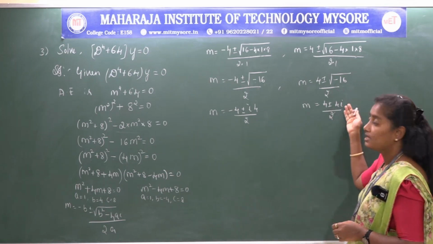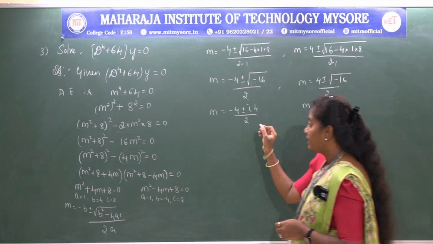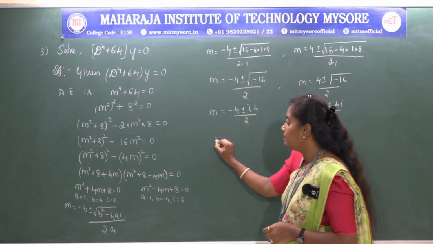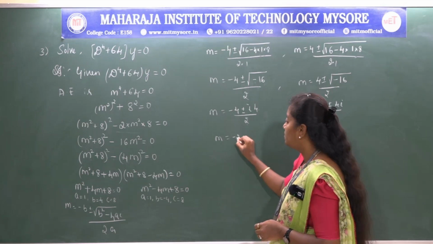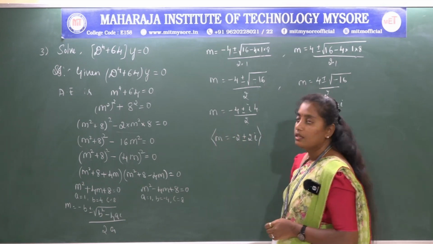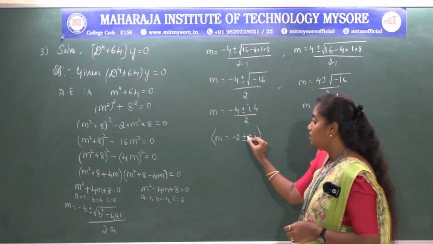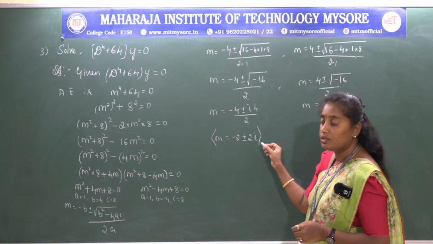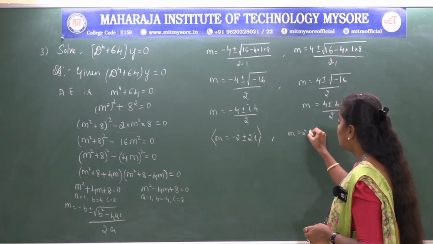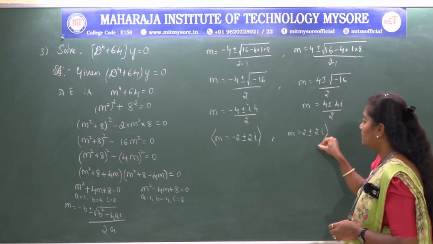Again, root of minus 16 is 4i. Simplifying this again, dividing by 2, we get m is equal to minus 2 plus or minus 2i. The first two roots are minus 2 plus 2i, minus 2 minus 2i, and the next m is equal to 2 plus or minus 2i.